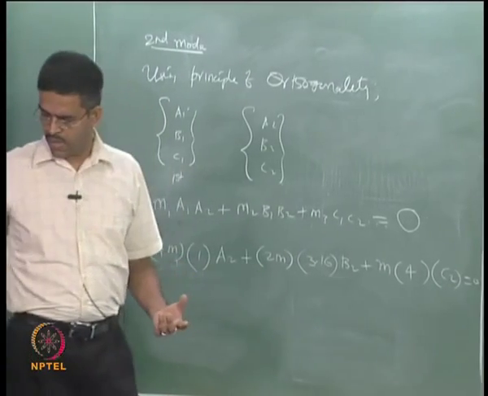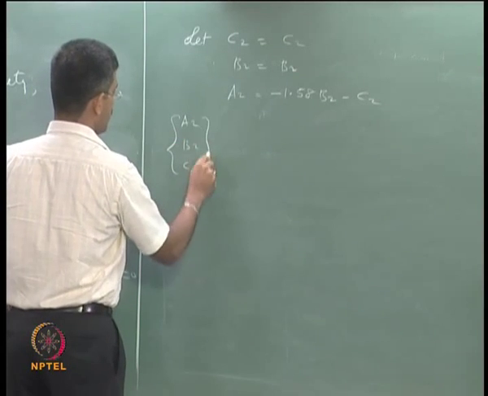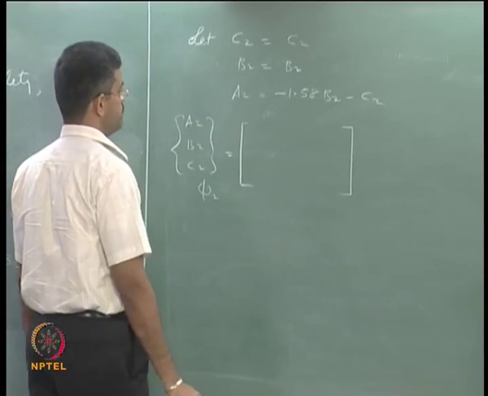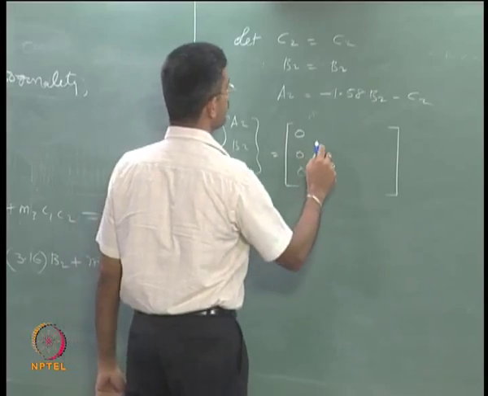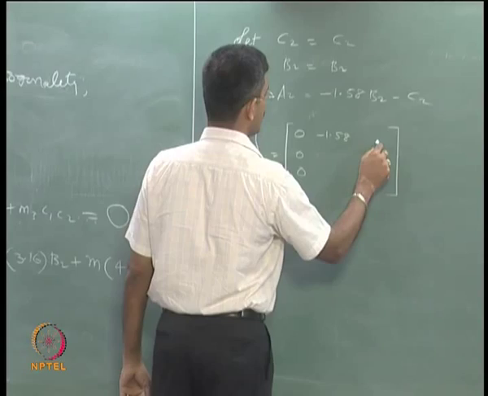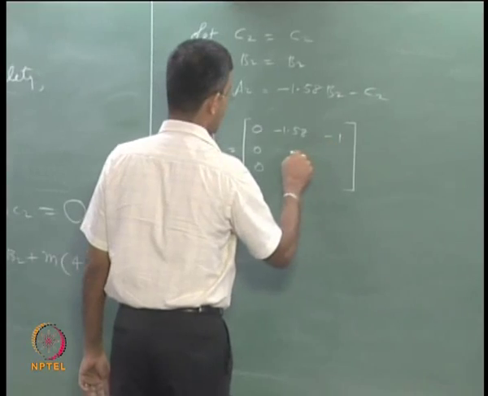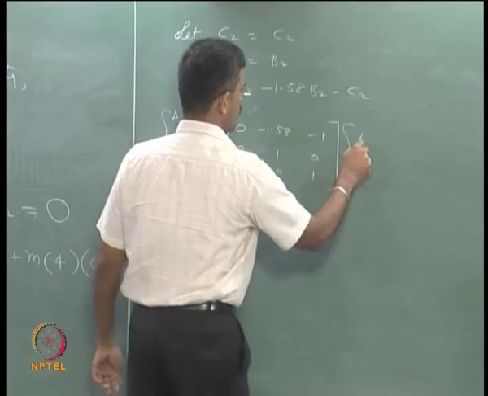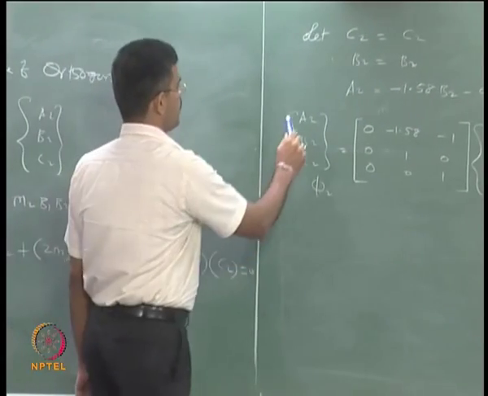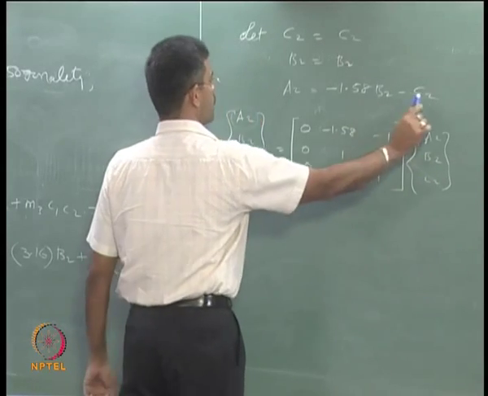I write this in a matrix form. So I say that A2 B2 C2, which is my second mode, is nothing but, so you can read it, A2 will be equal to minus 1.58 B2 minus 1 C2, that is what I am getting here.